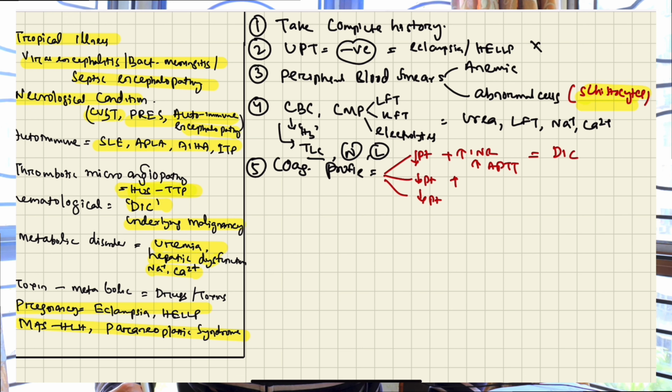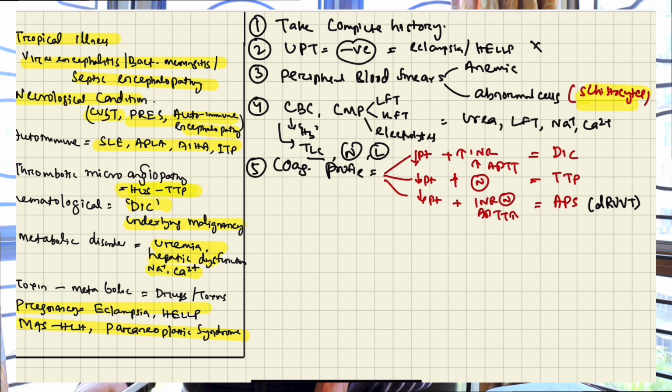If they are normal INR and APTT, then this goes in favor of thrombotic thrombocytopenic purpura. If INR is normal but APTT is increased, this goes in favor of catastrophic APLA or antiphospholipid syndrome. Here we have to do the diluted Russell viper venom test. So this is the information that the coagulation profile can give us.